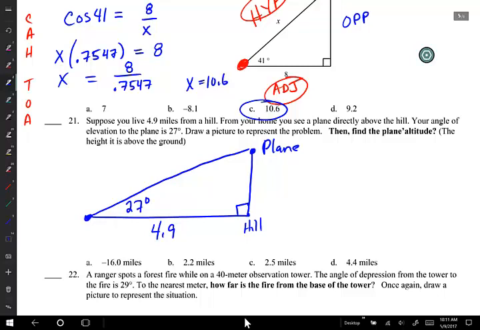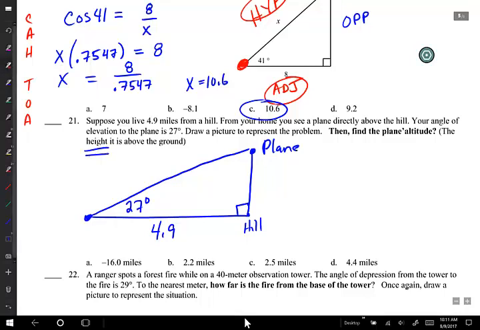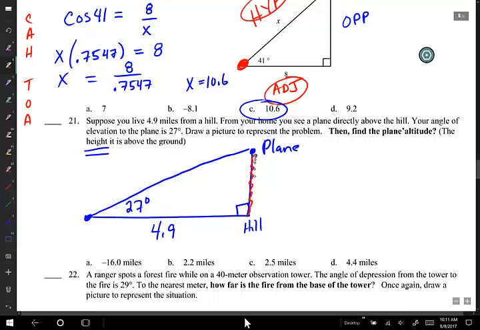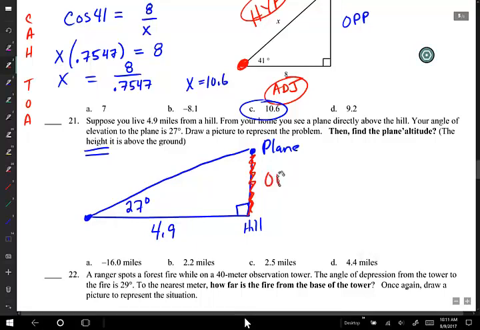So let's do words here. Find the plane's altitude, and I told you that is the height it is above the ground. So let's do some labeling. This red zigzag line, what word? Is it hypotenuse, opposite, or adjacent? That's opposite. This horizontal line down here, this blue zigzag line, what word is that? That's adjacent. Let's go back to our SOHCAHTOA.